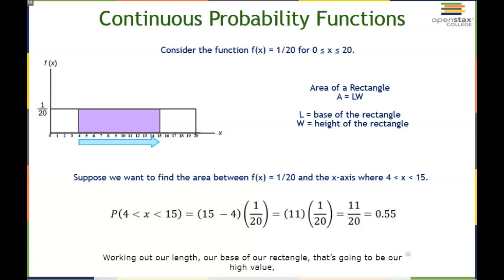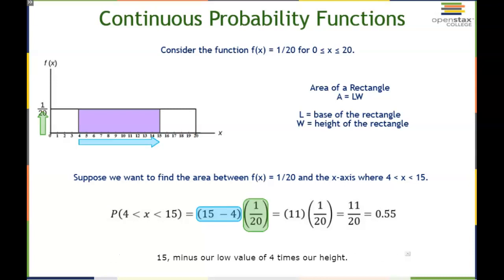Working out our length, our base of our rectangle, that's going to be our high value, 15, minus our low value of 4, times our height, in other words, our width. 15 minus 4 is 11. 11 times 1/20th is 11/20th. In other words, our probability that x is between 4 and 15 is 0.55.